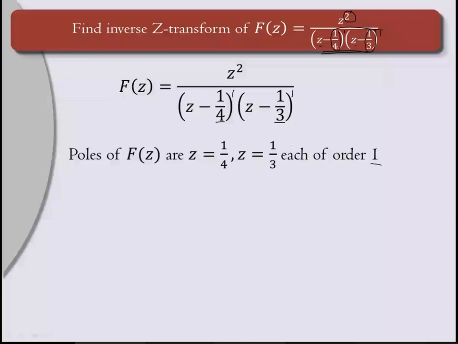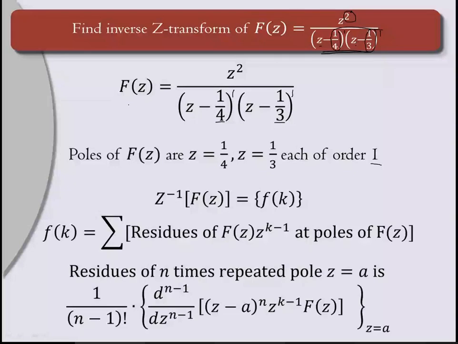Now by inversion integral method, the inverse Z transform of f of z will be f of k, and f of k will be the addition of the residues at the poles of f of z. And what is the formula for residue?